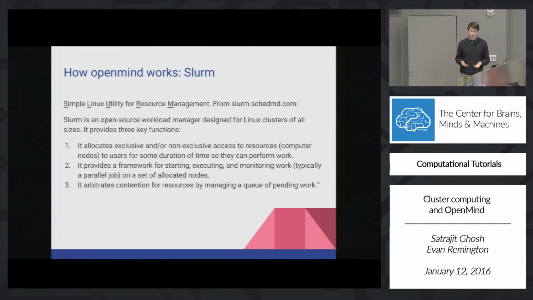So, for instance, it can cycle running jobs through the nodes in circumstances where people want to run more jobs than we have resources for, or it can say, this person in particular has been submitting tons and tons of work, so we'll let this other person who hasn't been submitting very much recently jump ahead of them in the queue and get their jobs done faster, that sort of thing.